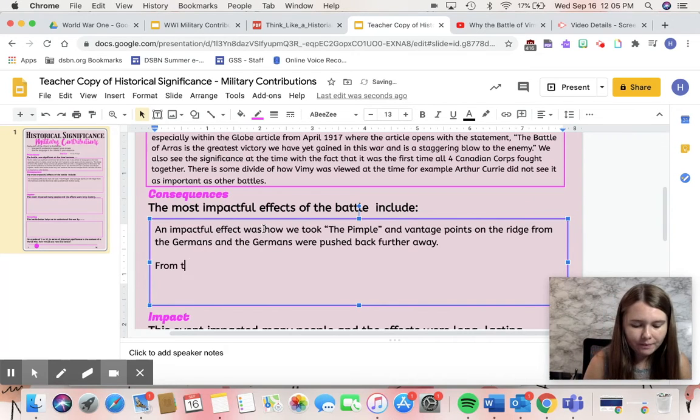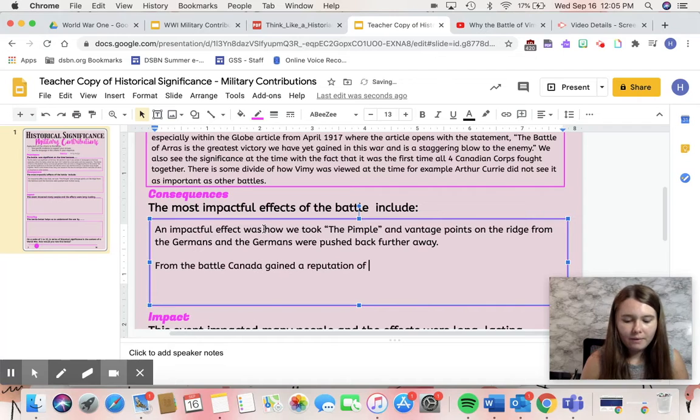So from the battle, Canada gained a reputation of being a strong military force.